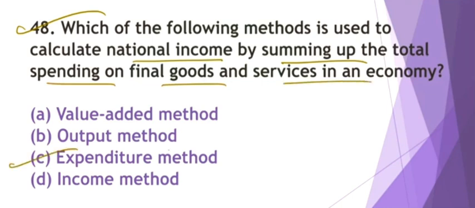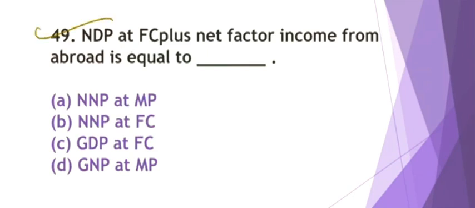Option number C, expenditure method. 49. NDP at factor cost plus net factor income from abroad is equal to option number B, NNP at factor cost.